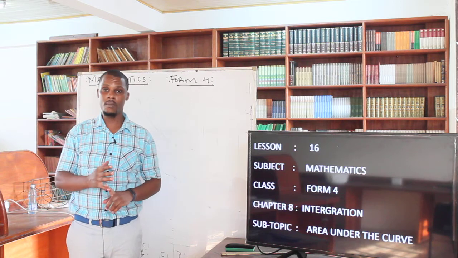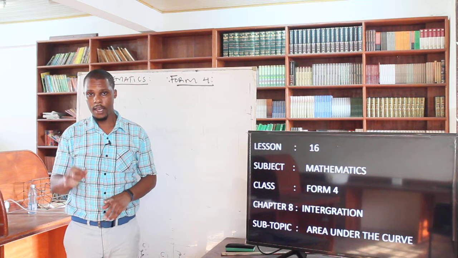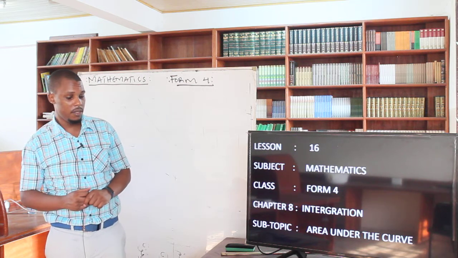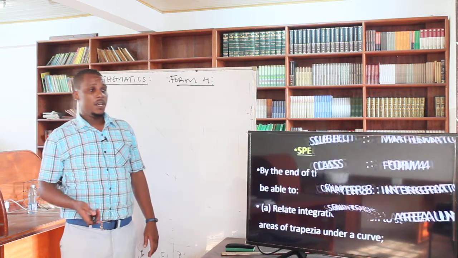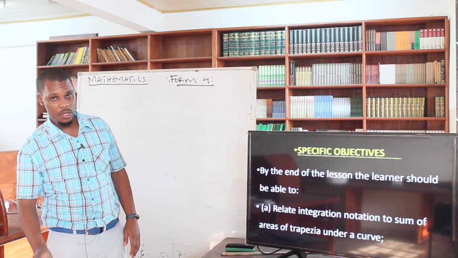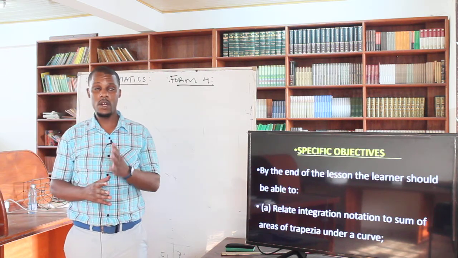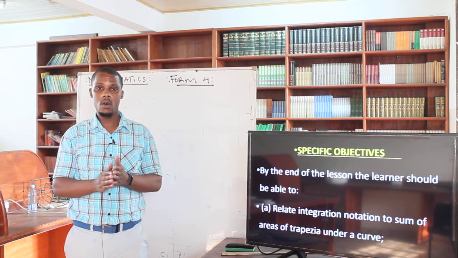You can use the trapezium rule, you can use the mid-ordinate rule, and then you can compare by getting the exact area using the integration method. That is my focus today. As a learner, what are you supposed to be able to do? There are some specific objectives. The first is that you should relate integration notation to the sum of the areas of the trapezia under the curve.